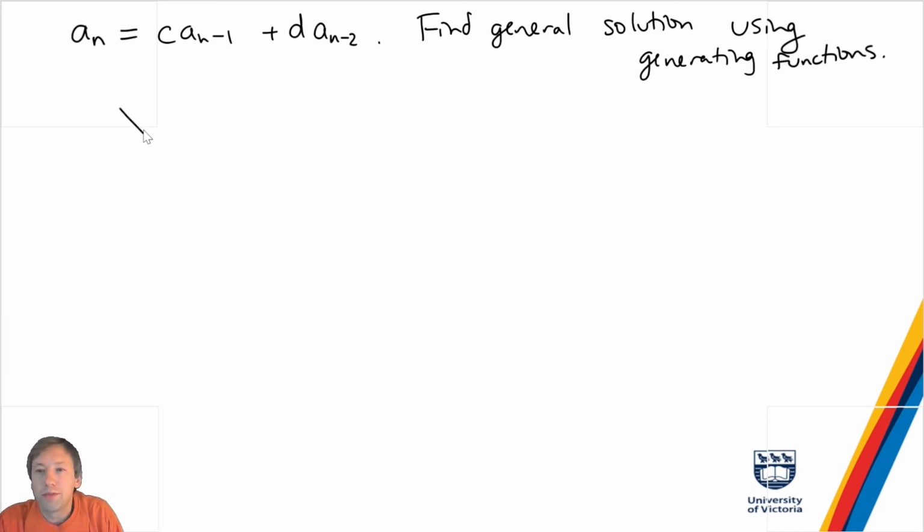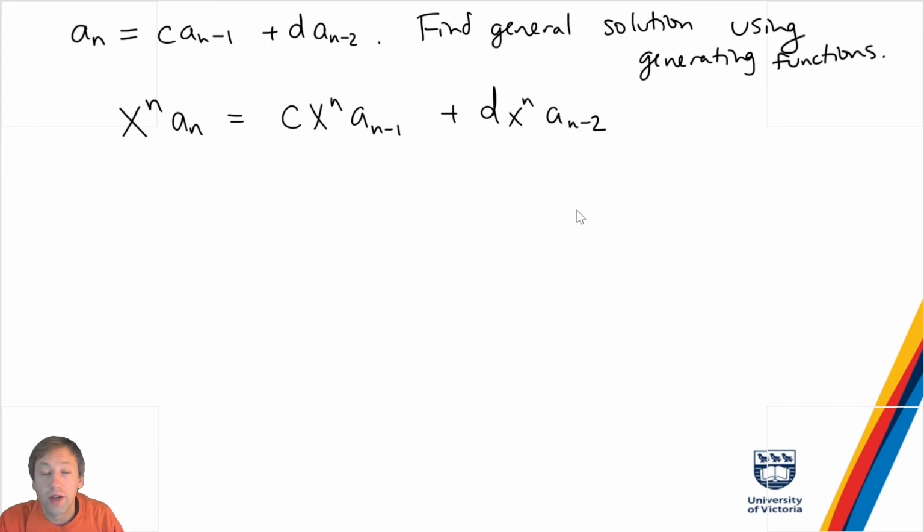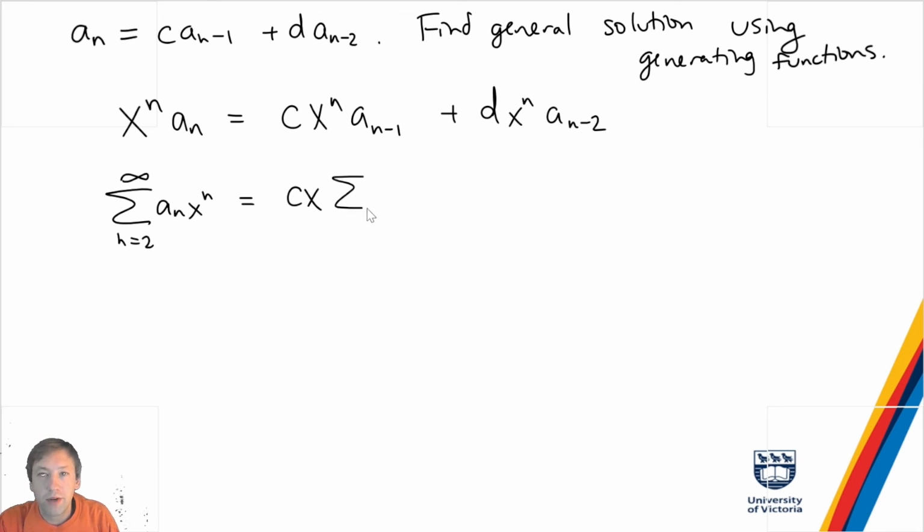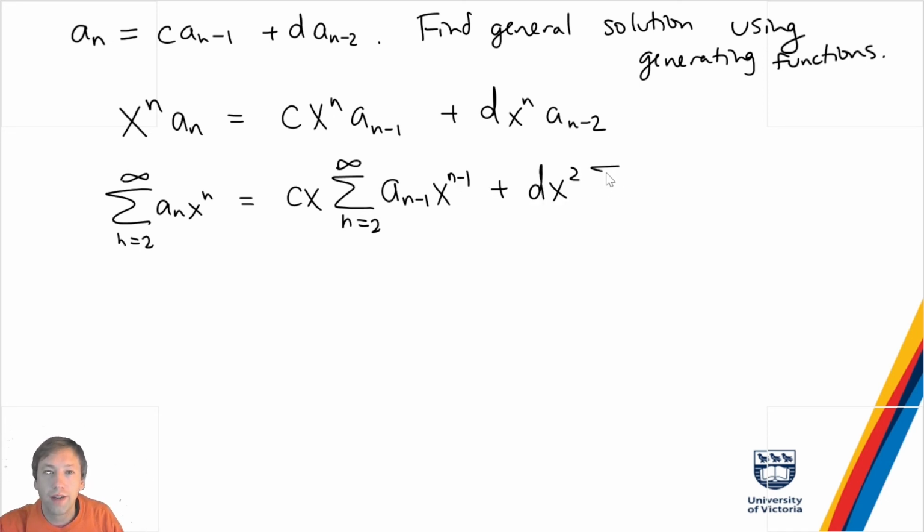Okay, so I'm going to multiply both sides by x to the n as usual, and then we're going to sum this from n equals 2 to infinity. This is getting pretty standard by now, I hope. So I'm going to pull out an extra x here to make the subscript match the power of x, and then pull out an x squared here, again to make the subscript match the power of x.